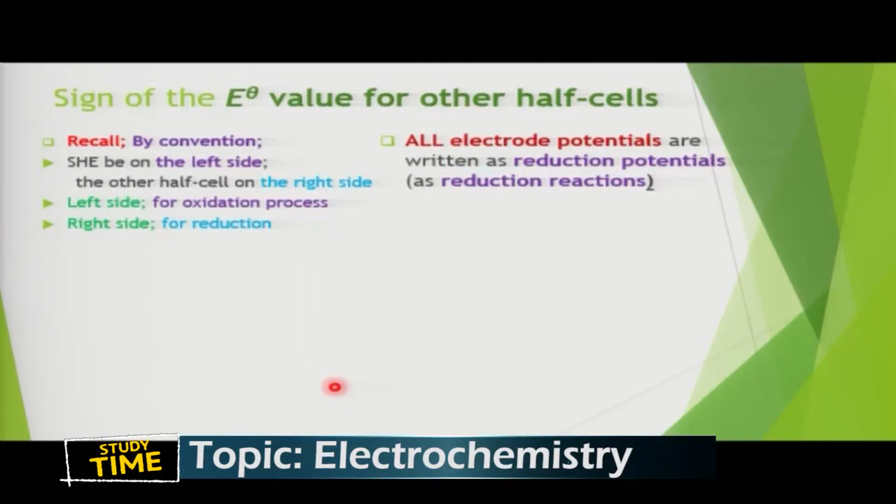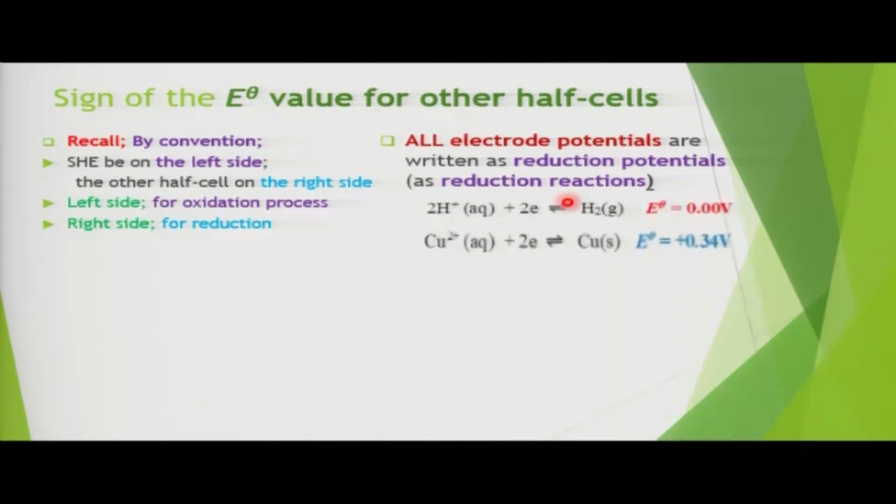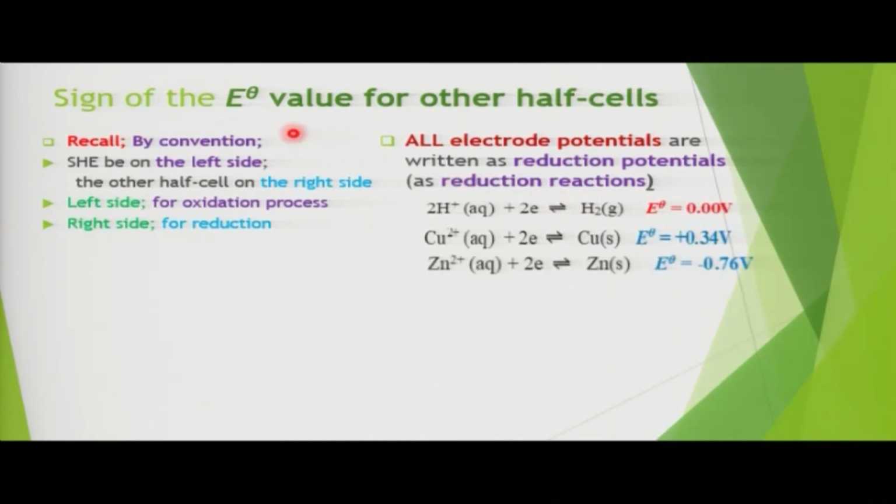Something you need to notice is all standard electrode potentials are always written as reduction potentials. What do I mean? The cation or the nonmetal gains electrons.